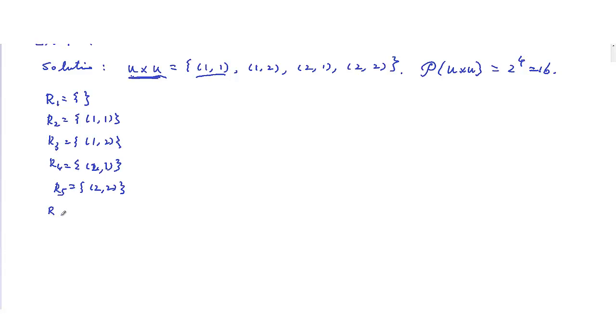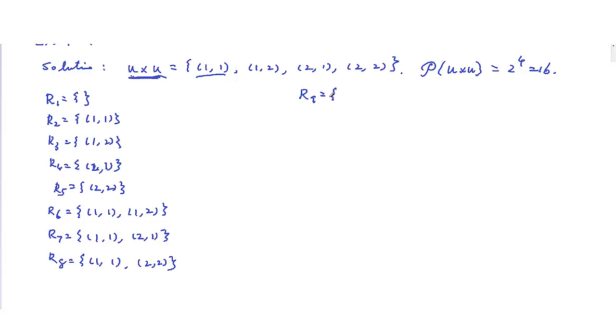And let's look at 2 element subsets. R6, you take (1, 1), (1, 2). And then R7, you take (1, 1), (2, 1). And then R8, you take (1, 1), (2, 2). And then you take R9, (1, 2), (2, 1).